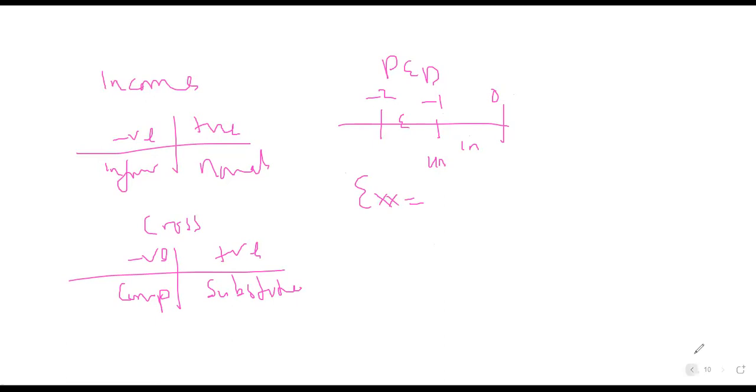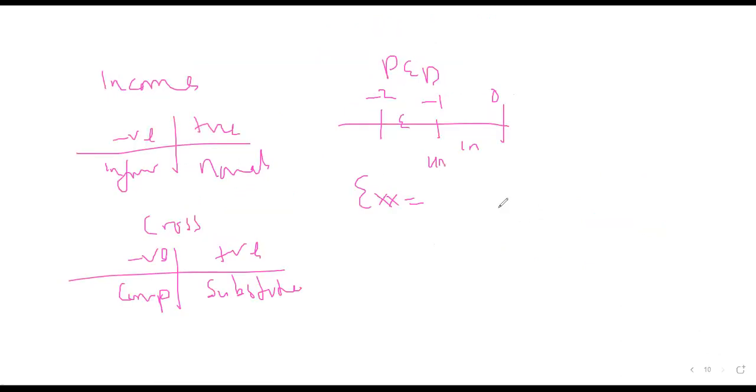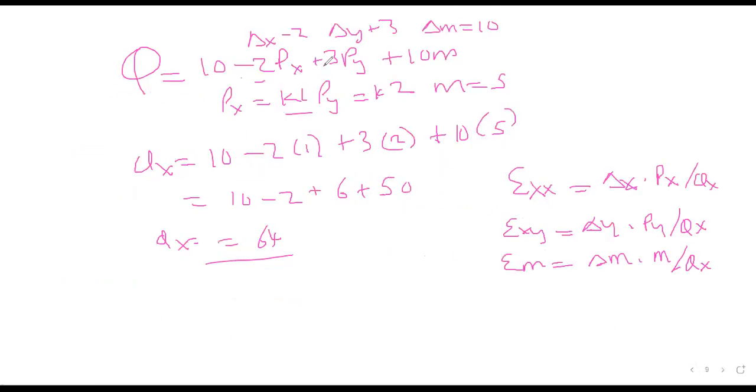So now let's calculate the price elasticity, X on X. The gradient of X was -2. Then the actual price of X was 1, and the quantity was 64. So -2 times 1 over 64. Then we go to cross price elasticity. The gradient for the cross here was +3.